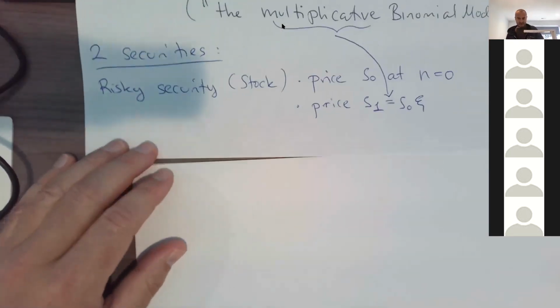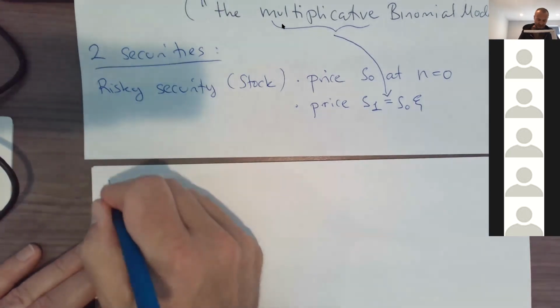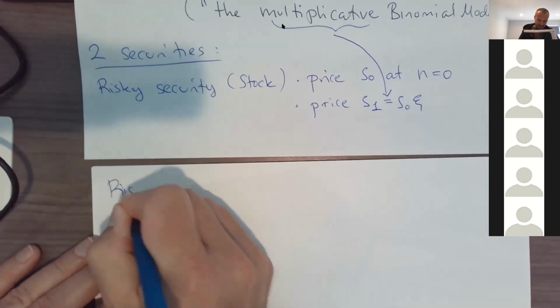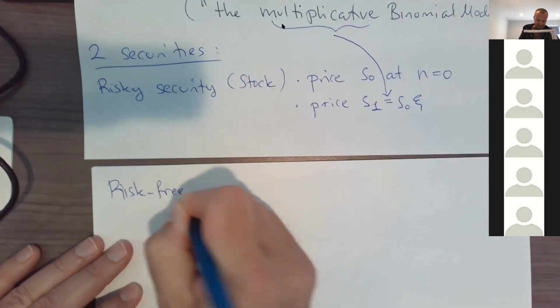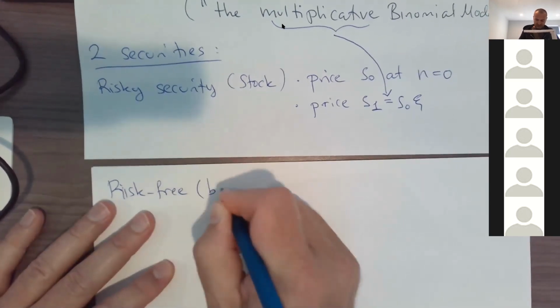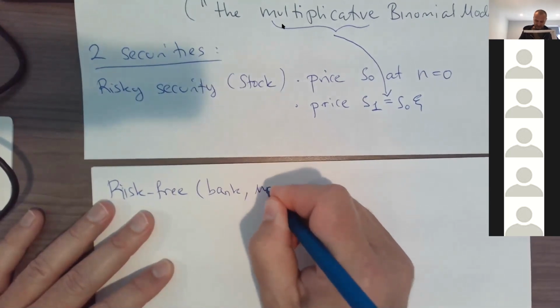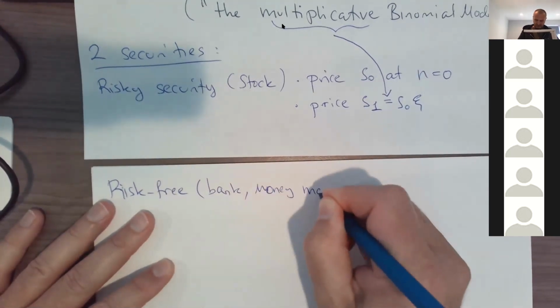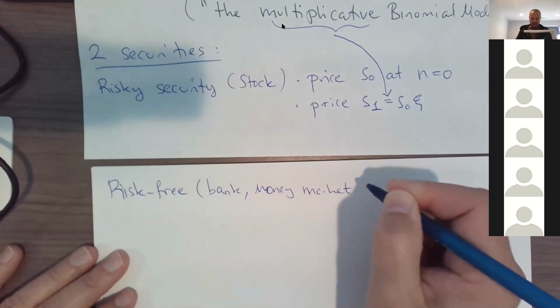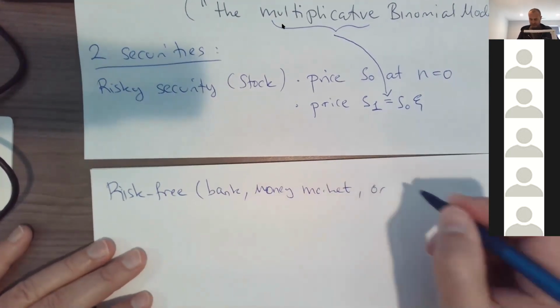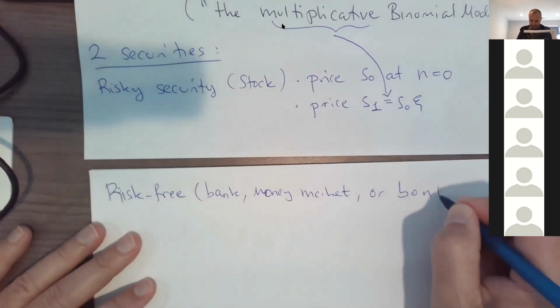There is another security floating around too. There's also a risk-free security. This is often called the bank, the money market, or the bond.